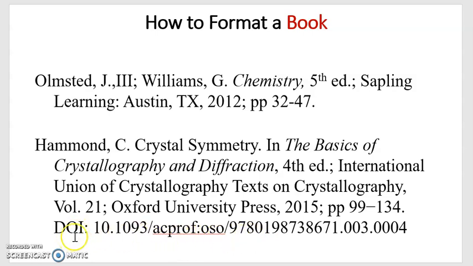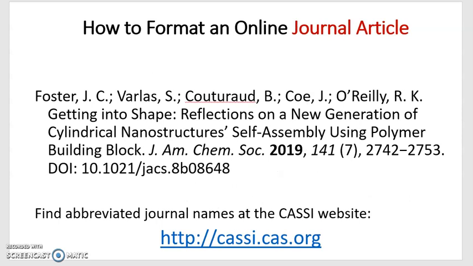If your institution owns this book, you could read it freely. But a lot of these books that have DOIs, they are subscription books, and you have to have access to them in order to read them.